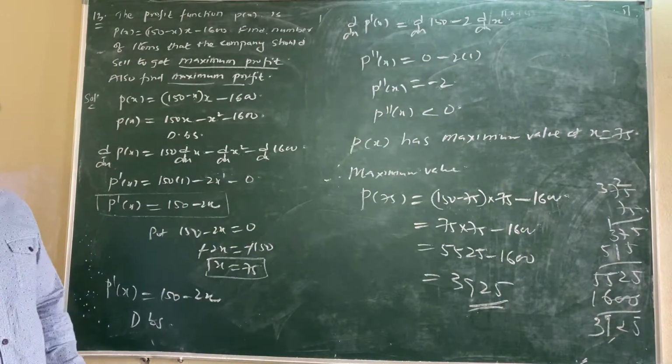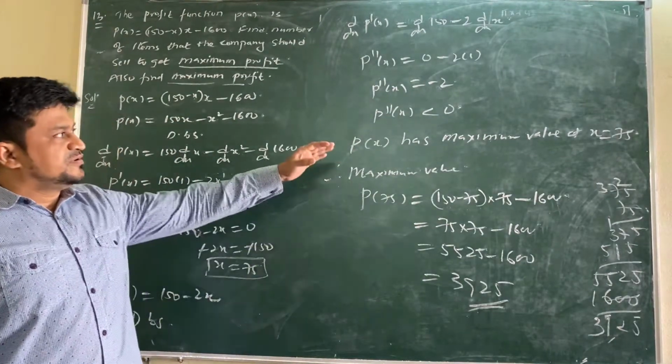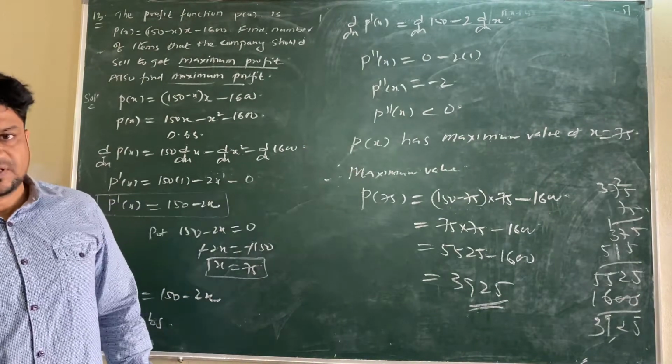Maximum profit of 3925 they can earn if they sell the maximum quantity of 75.